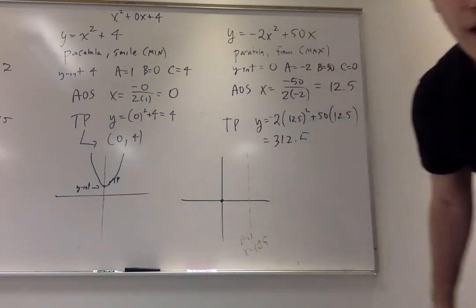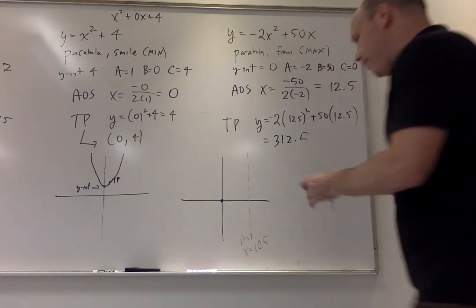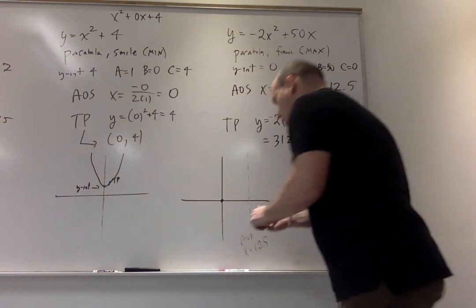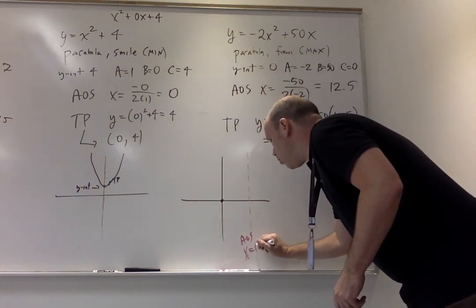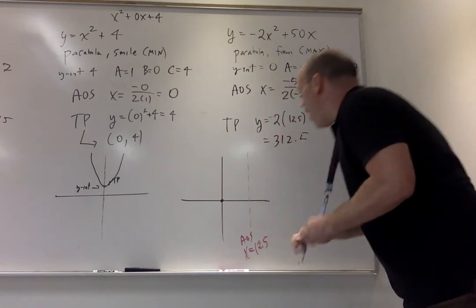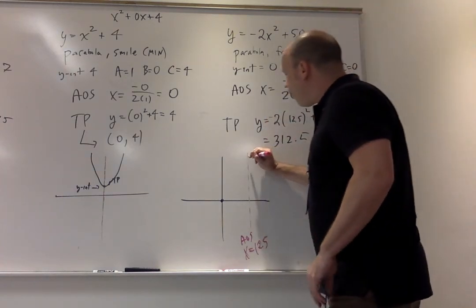Let me use pink. The axis of symmetry is x equals 12.5. I know the turning point is at 312.5.